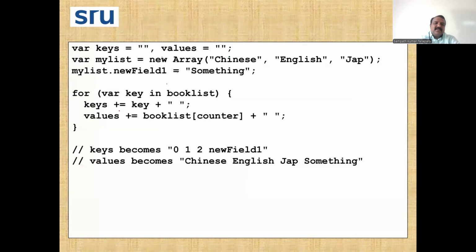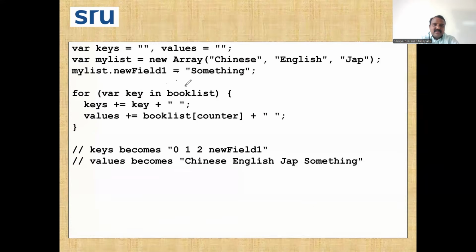We have a small example here now. If you see that example, you can understand what exactly is going to happen. I have a simple example with key in book list. In the book list, I will have some values. This is my list.